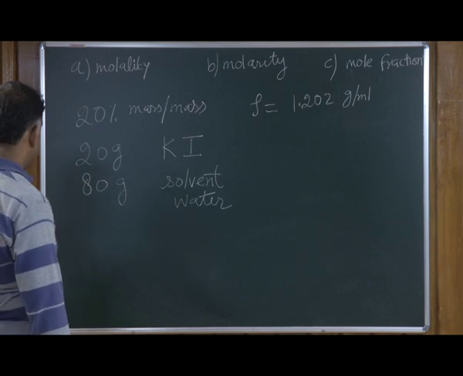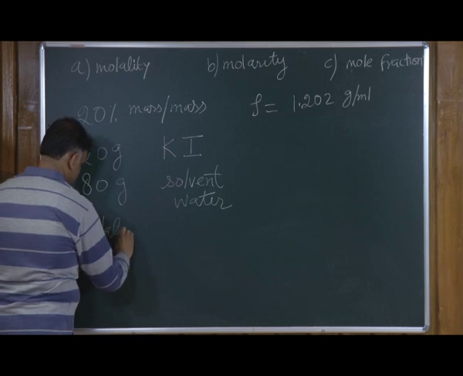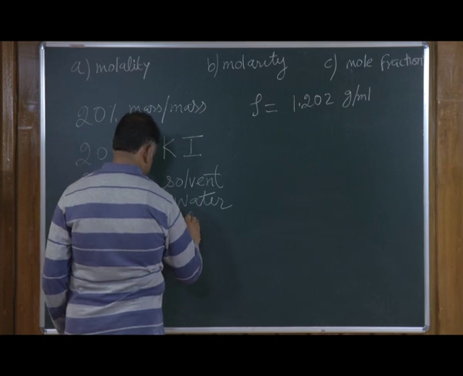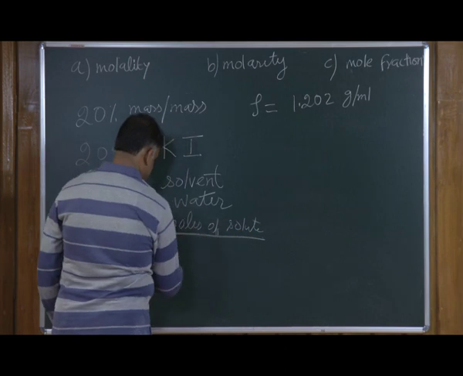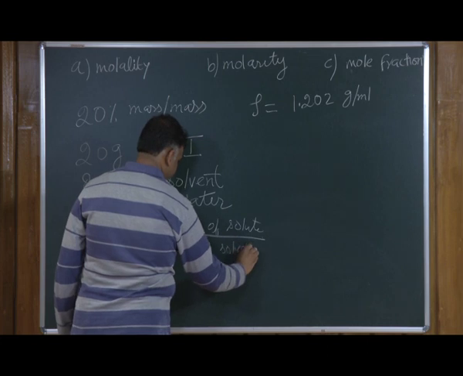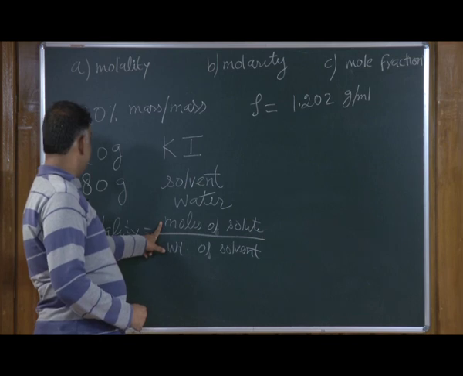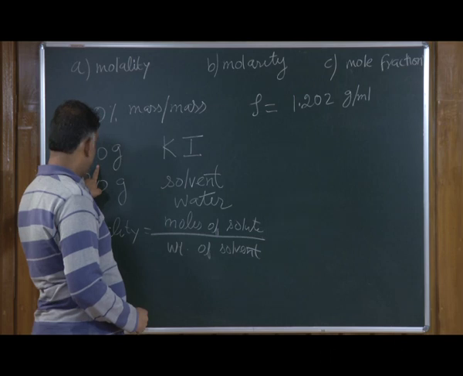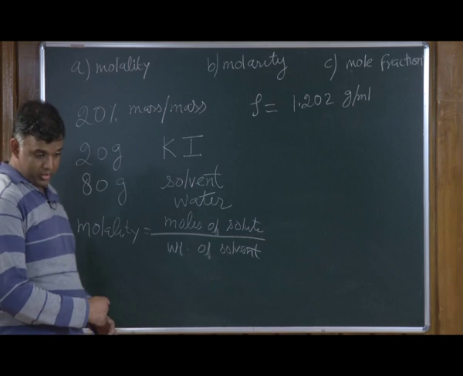So, molality, definition of molality. Molality will be moles of solute divided by weight of solvent. So, to calculate moles of solute, since we are given weight of solute, I just need the molecular weight of potassium iodide.